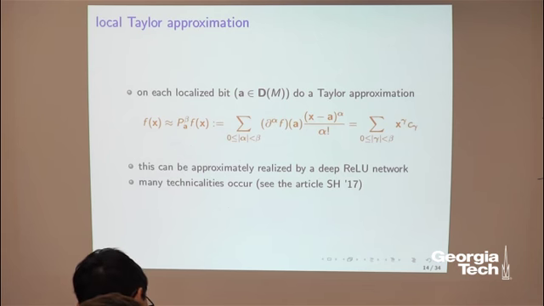Whenever we have a local neighborhood, we take this approximate function via the Taylor approximation in order to approximate the function f. And all of that can be done within a deep network. And there are, of course, many technicalities that one has to take care of. If you want to see all these things, you can look up my article on that.